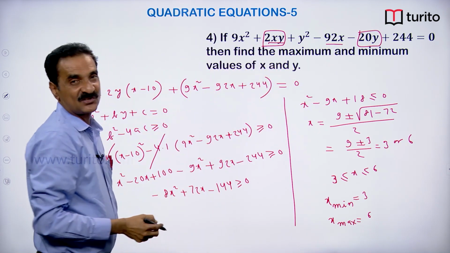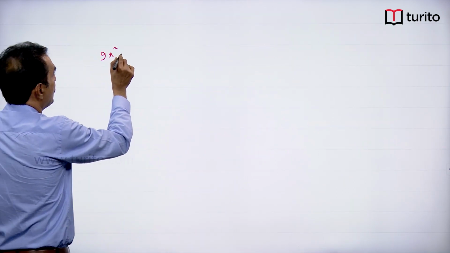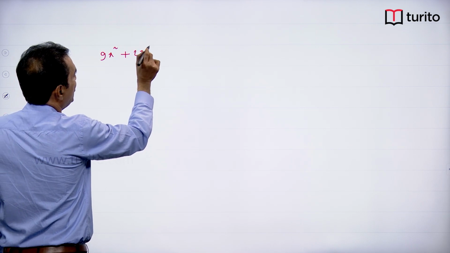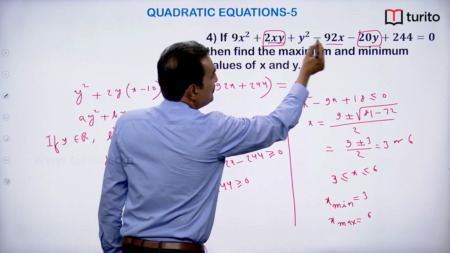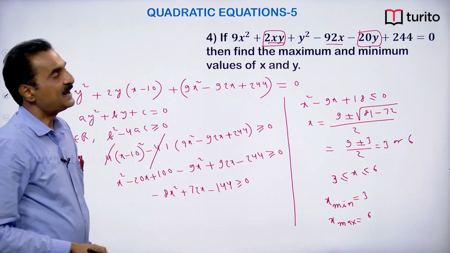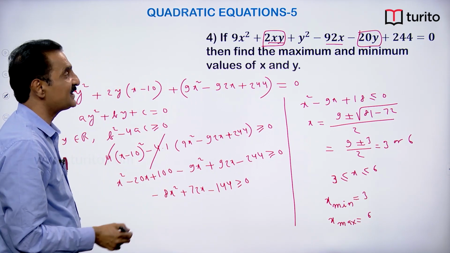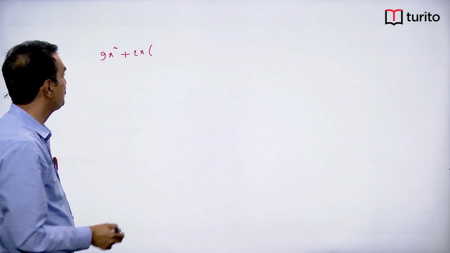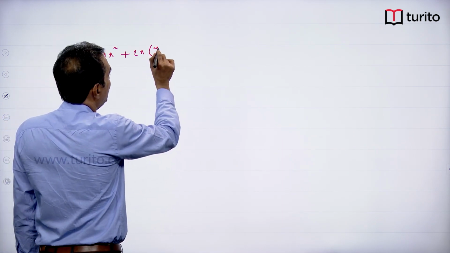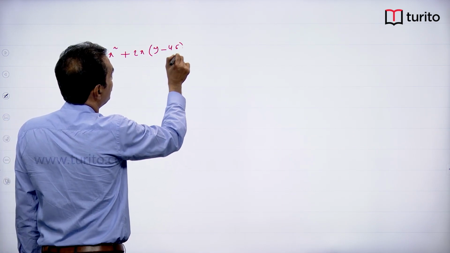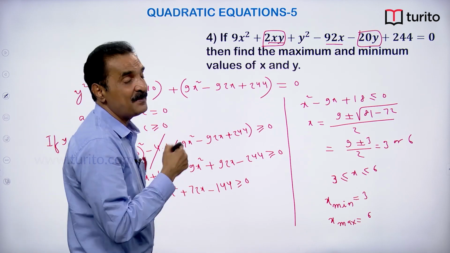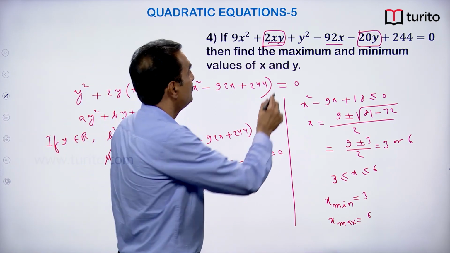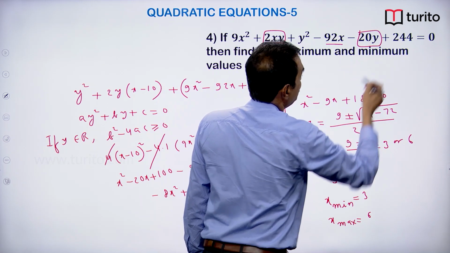You can take 2x common, plus 2x into y minus 46. 46 2s are 92 now. Y minus 46. Next, term independent of x, y square minus 20y plus 244.